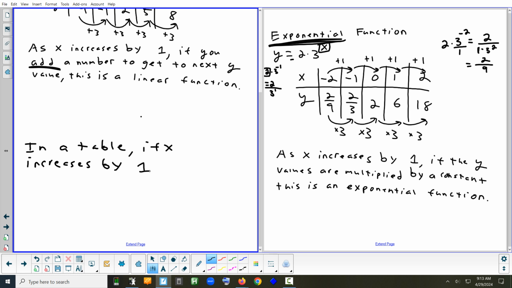In a table, if x increases by 1 and y is multiplied by a constant, because constant means it has to stay the same. It has to be times 3 each time, or times 4, or times 5, but it's got to be the same number. So if x increases by 1 and y is multiplied by a constant, this is exponential.